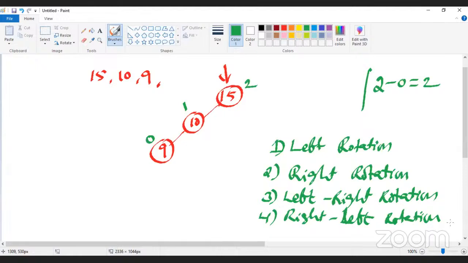So what is the possibility here to rotate? Any idea? After rotation, it should not violate the BST property.